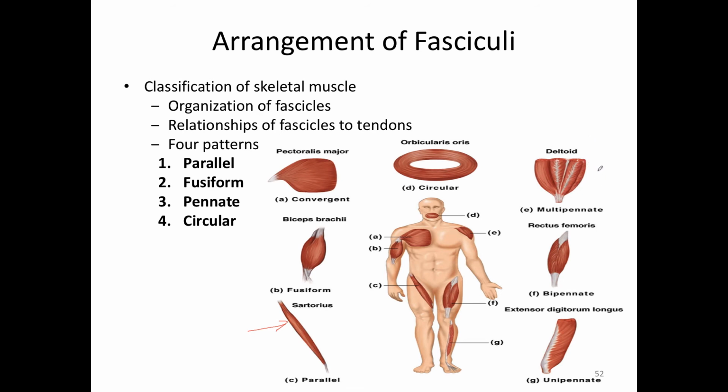So are you extending or abducting your arm? You can activate different pennae depending. And circular, which is what it sounds like. So the orbicularis oris is one of the muscles I'm using right now to change the shape of my mouth to produce speech.